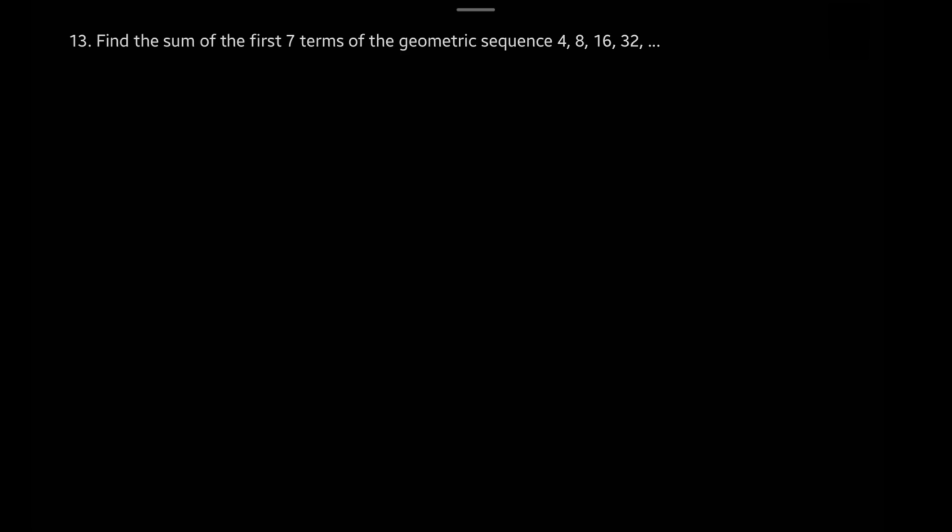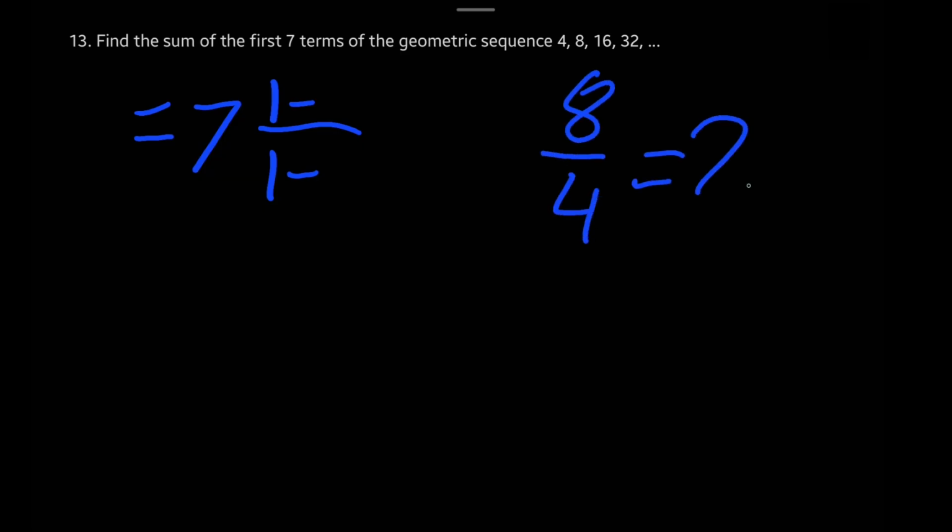Moving on, the sum of the first 7 terms of the geometric sequence. We would be using that formula again. So first term, over 1 minus r, which would be 8 over 4, or 2. So our n would be 7.